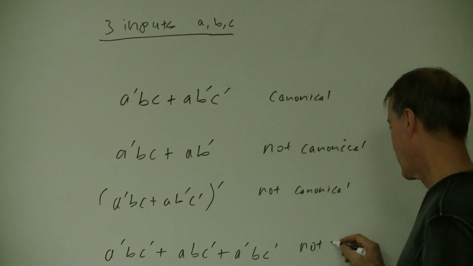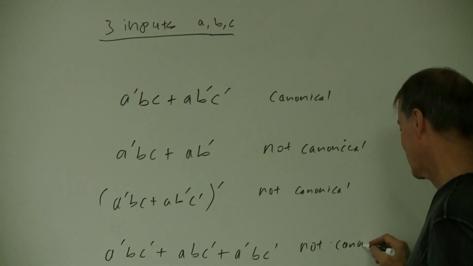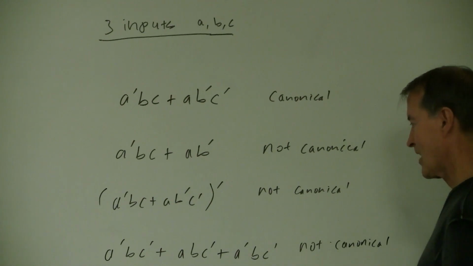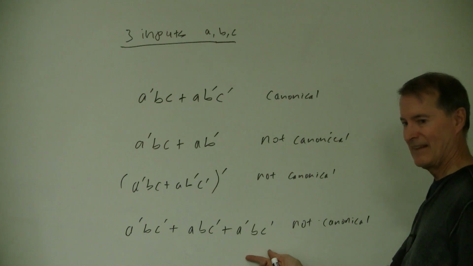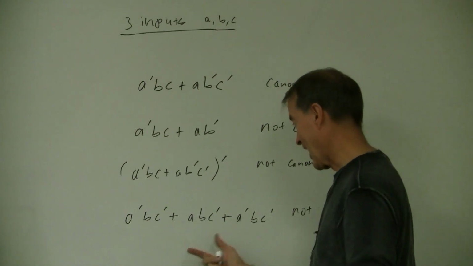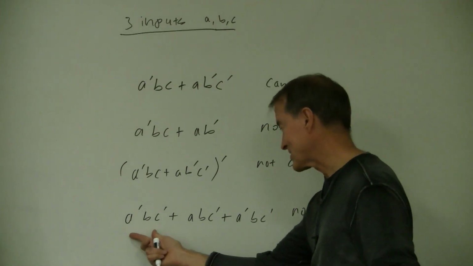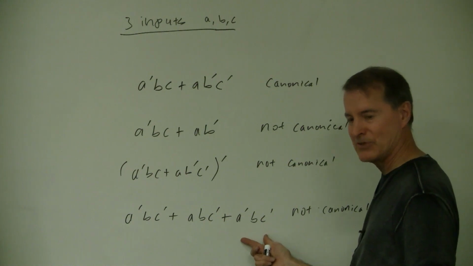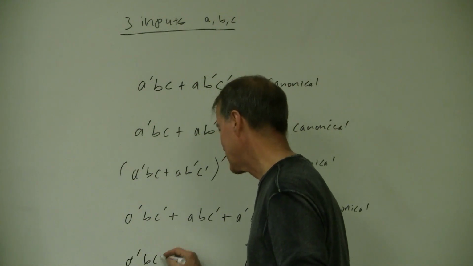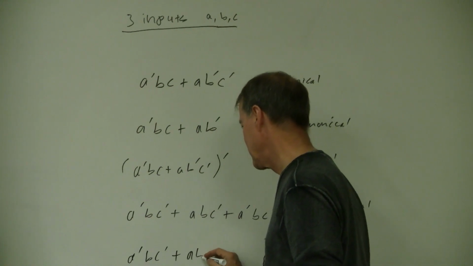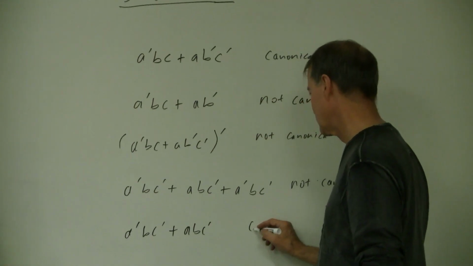Not canonical. On the other hand, what is this equivalent to? A canonical term. By idempotency, this is A prime, B, C prime, or A, B, C prime. So this is canonical.